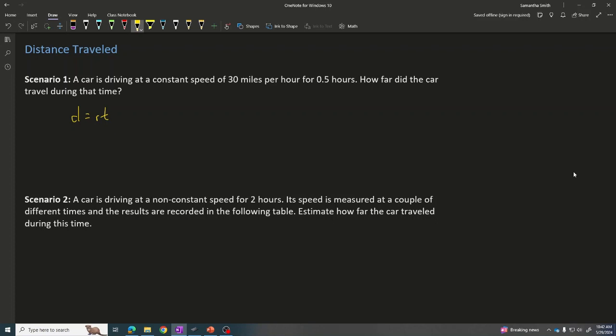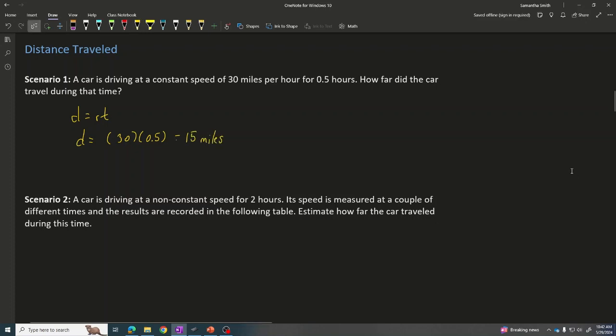Distance is equal to rate times time, dirt for short. So if someone asks me how far this car has traveled during this time interval, all I have to do is take this rate of 30 miles per hour and multiply it by the amount of time that it traveled at that speed. So 30 times 0.5, giving me a result of 15 miles.